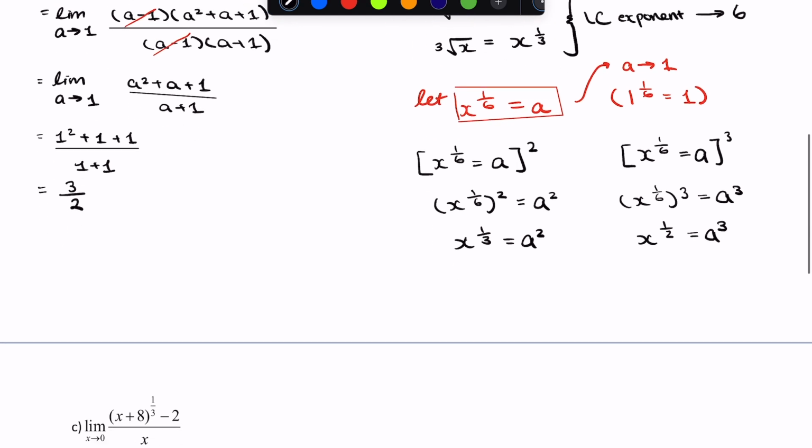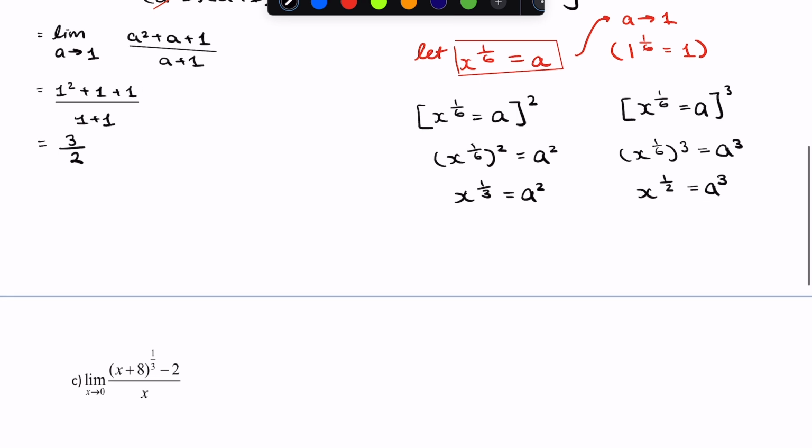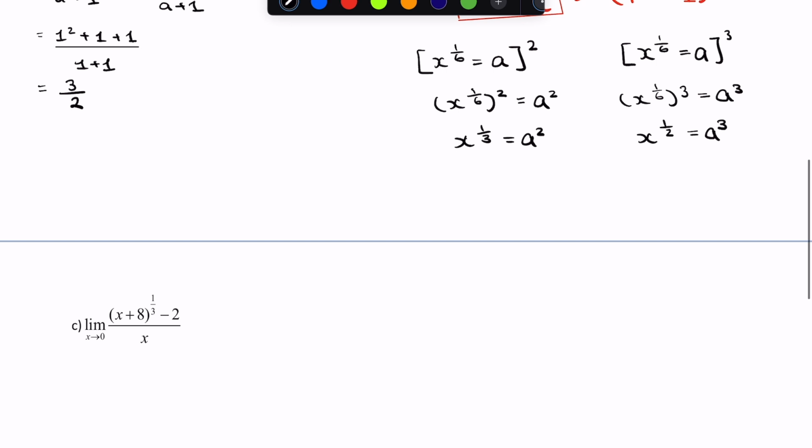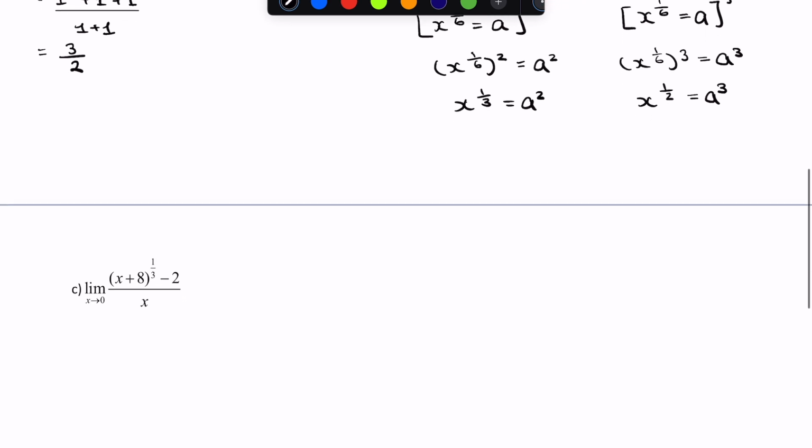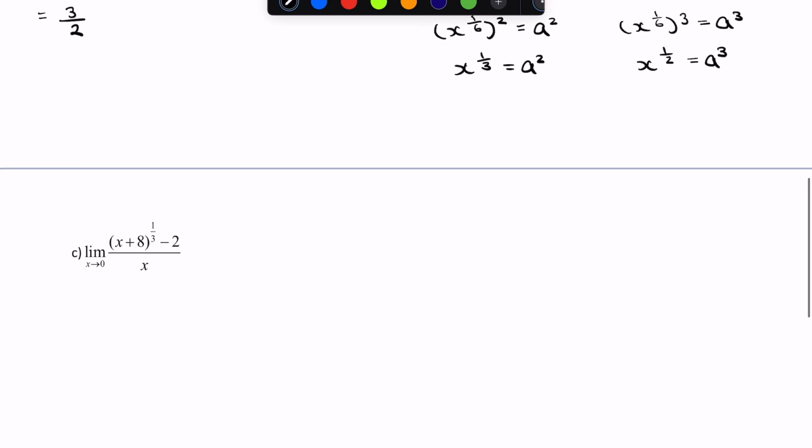And so the next question is the limit as x approaches 0 of x plus 8 to the power of 1 over 3 minus 2 over x. And so here we will simply let x plus 8 to the power of 1 over 3 be equal to a.